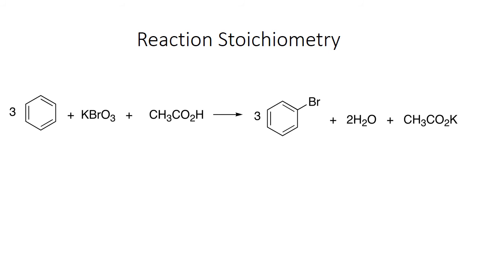You notice that the aromatic ring that you start with is in a 3:3 ratio with the brominated ring that you finish with. So essentially the aromatic ring is in a 1:1 ratio. We're not using benzene, we're using vanillin. So for every 1 vanillin molecule that we start with, we will get 1 vanillin molecule out.